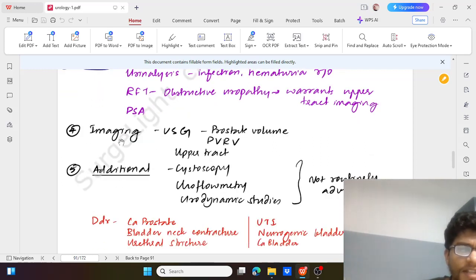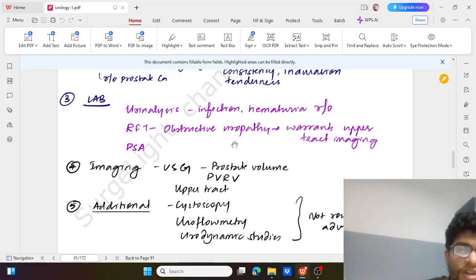Now coming to the imaging, so ultrasound KUB, PVRU is done for the urinary tract. Here we'll see whether there is any chance of obstructive uropathy causing hydronephrosis, or any bladder outlet obstruction causing cystitis, or retained urine, that is pre-void and post-void residual volume.